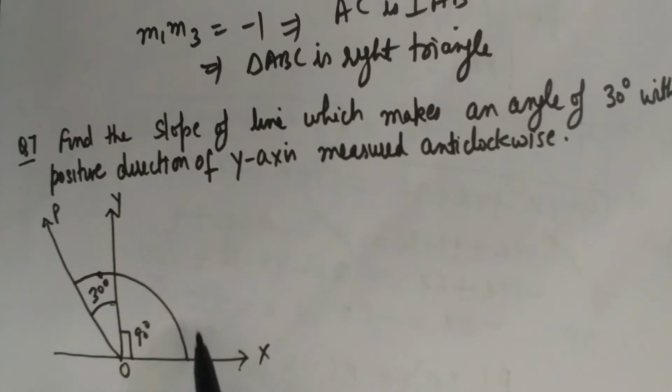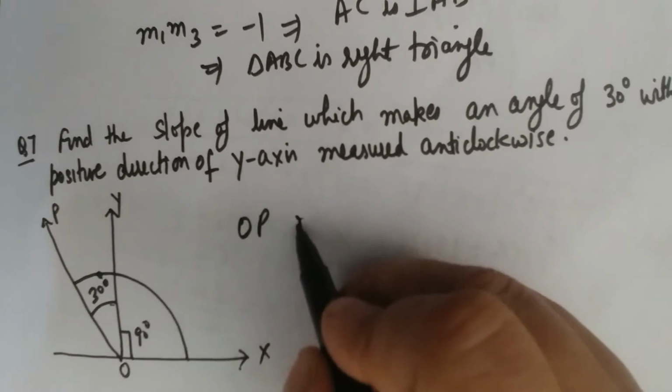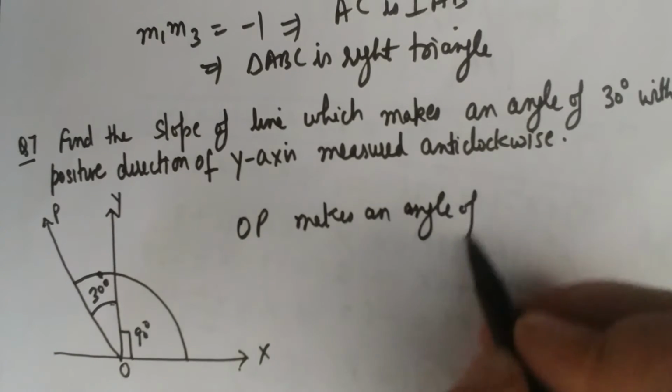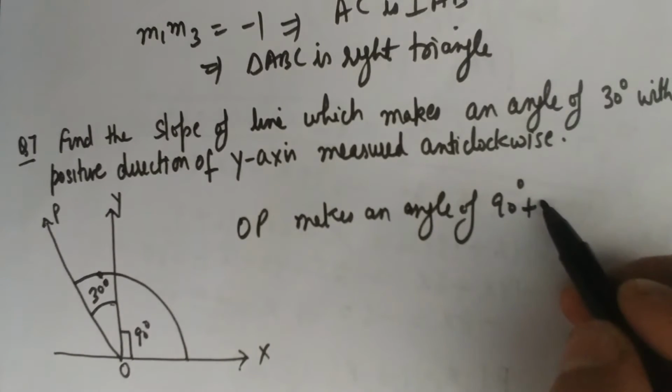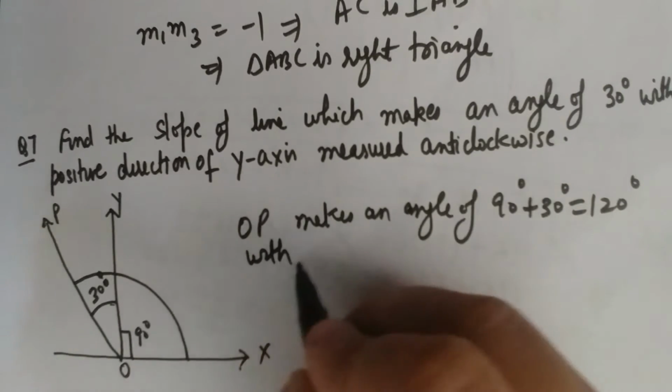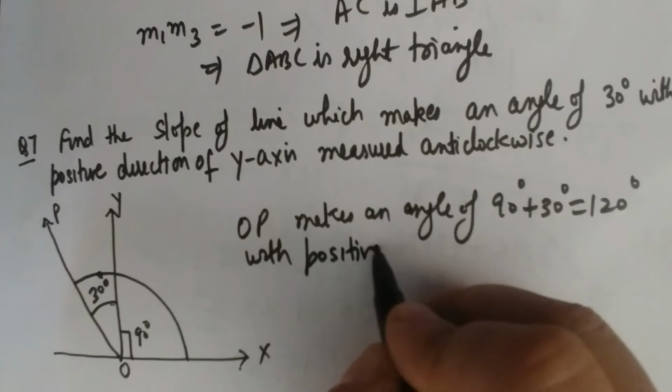That means I need this complete angle. So this is 90 degrees, this is 30 degrees. So what is the complete angle? OP makes an angle of 90 plus 30, that is 120 degrees, with the positive x-axis.